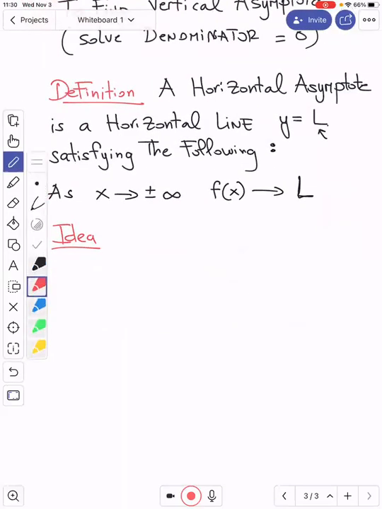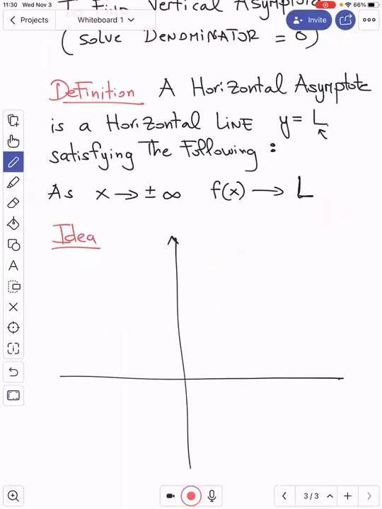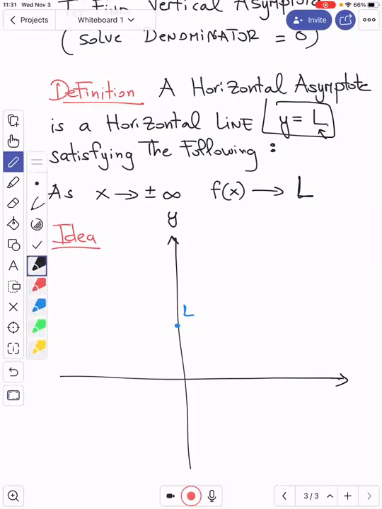So here's your graph, and we have this line L, so y equals L. This is a horizontal line. Here's my L, on my y-axis again. So y is equal to L, there'll be a horizontal line, so it's going to be this line here.